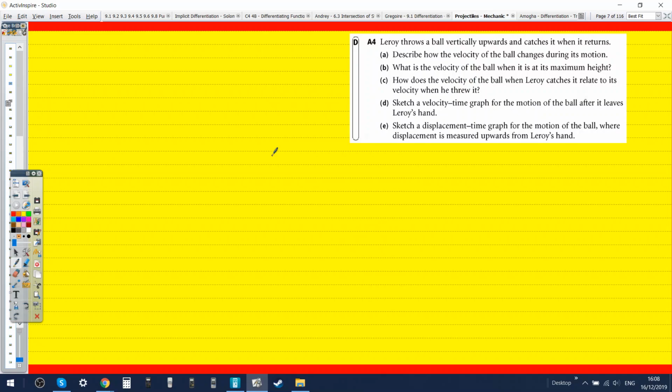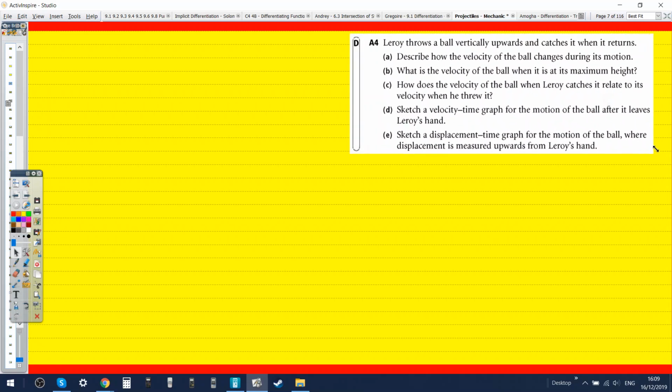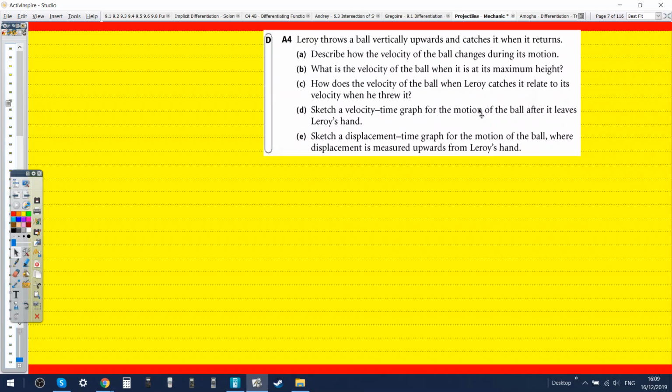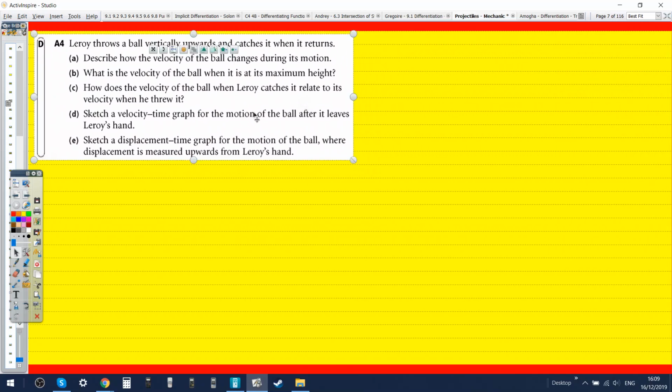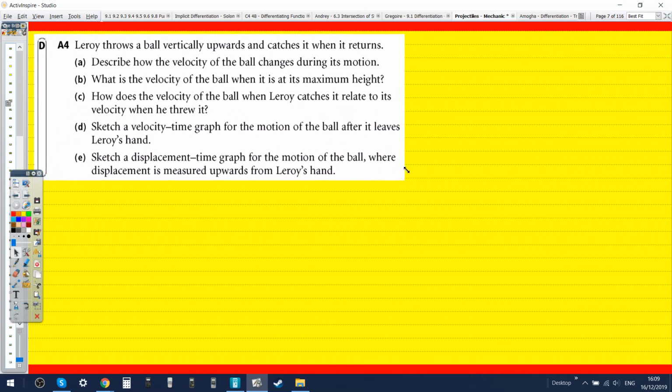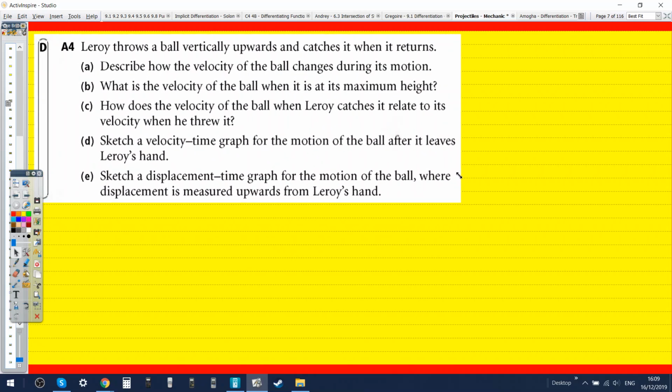Okay. How about this one? Start from A. So the velocity would be positive while he throws it up. And it'll have a point where it stops midair and then it will start falling, so the velocity will be minus.